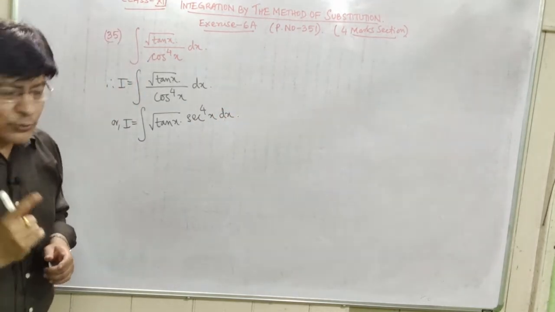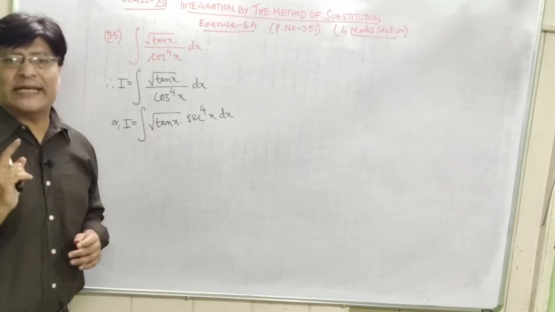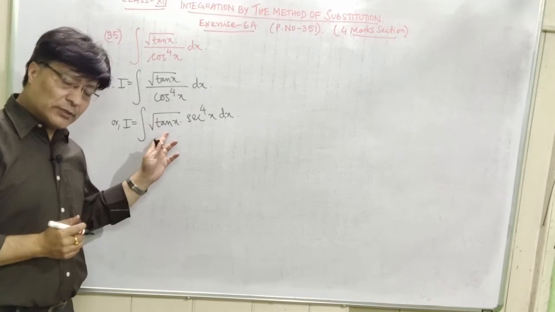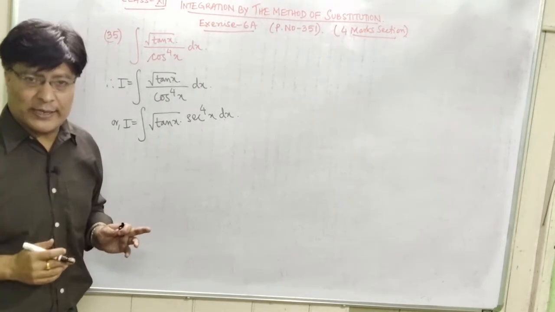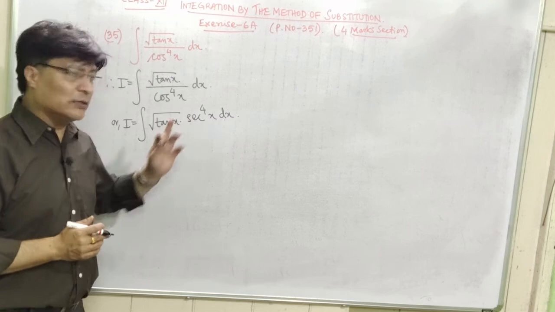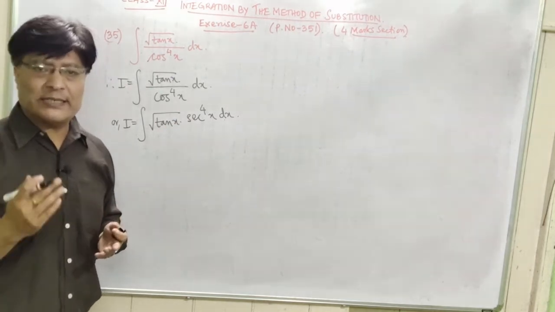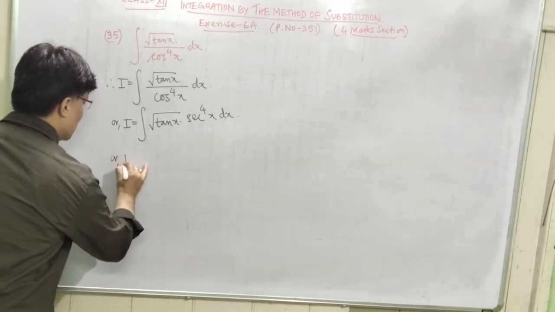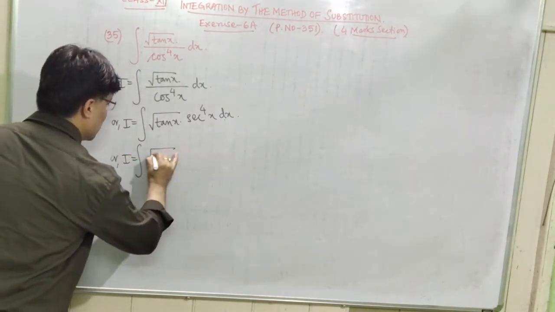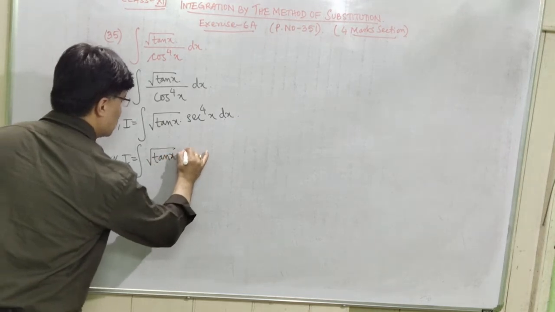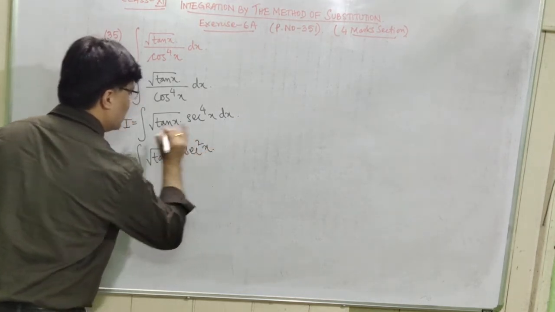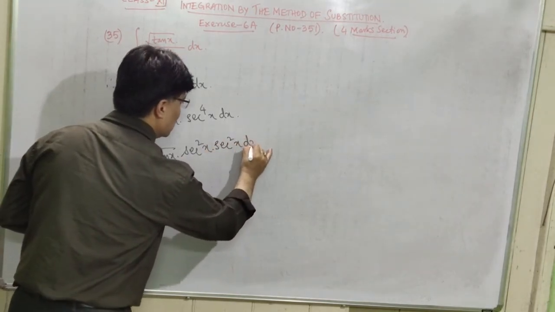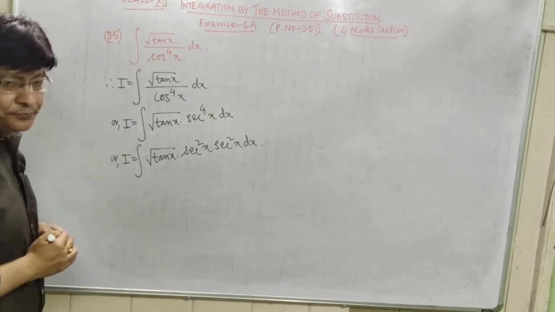As you know that the differentiation of tan x is only sec square x, that means we can break this term. Sec to the power 4x can be separated as sec square x into sec square x.